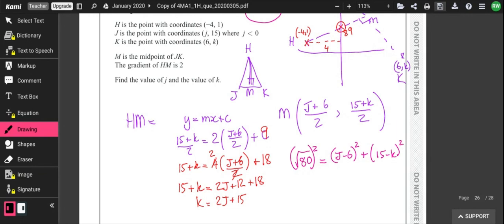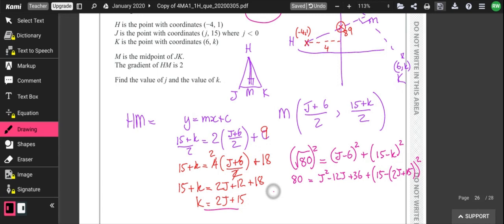So we have 80 is equal to J squared minus 12J plus 36. And we're going to substitute for K in here. So plus 15 minus the K from this equation, 2J plus 15, squared.